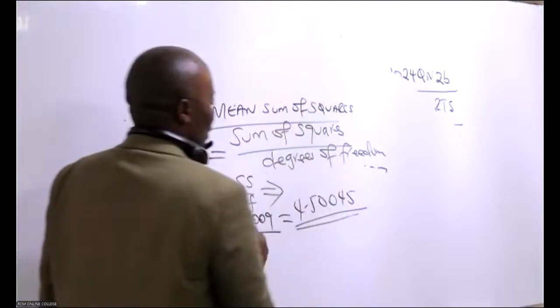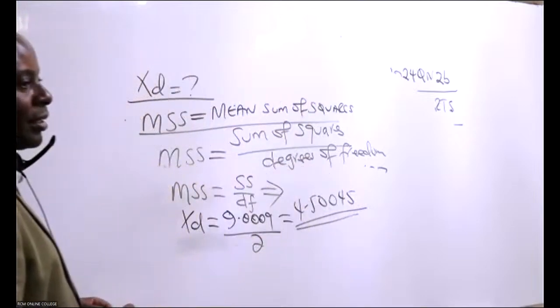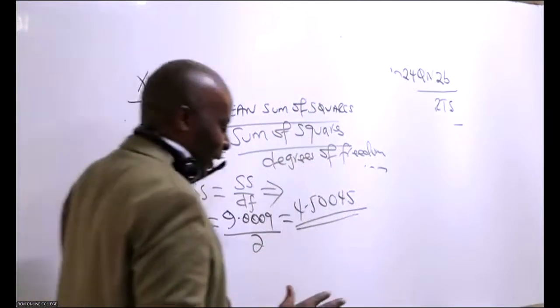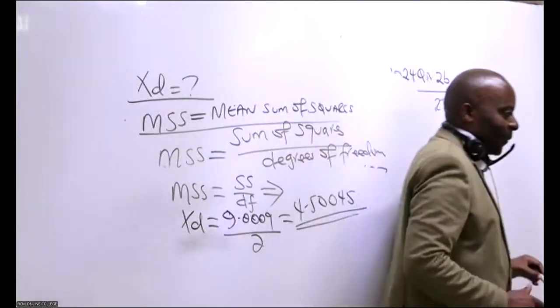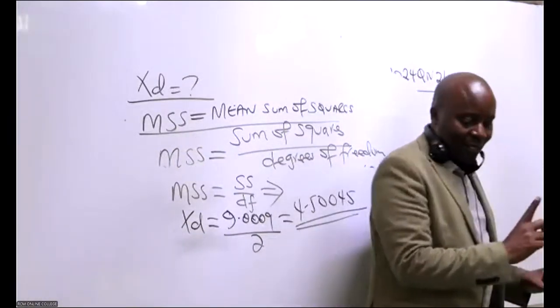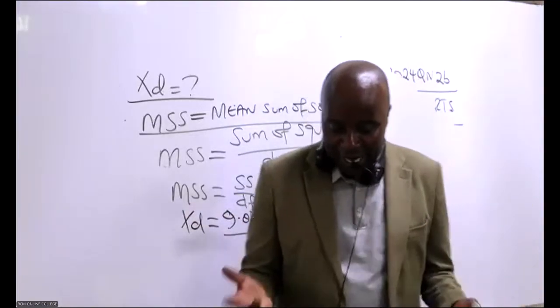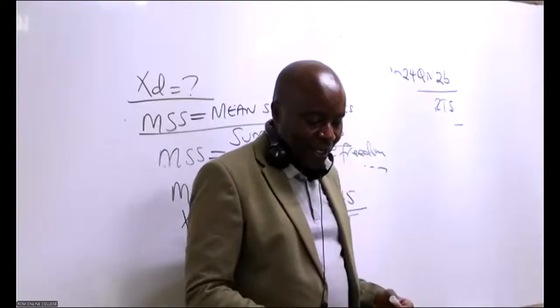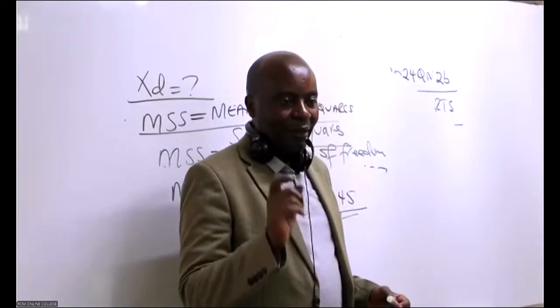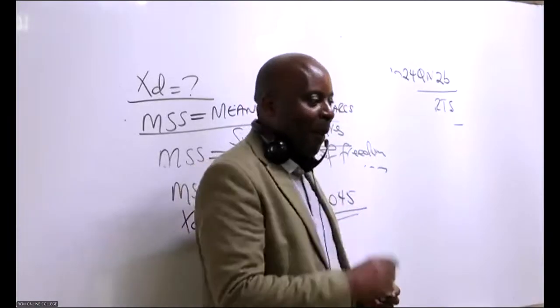Thank you so much. That is XD. Do we have XE or is that it? We have XE, yeah? XE already, Harriet has gotten it. Harriet has already gotten XE as 1.4749. Yes.